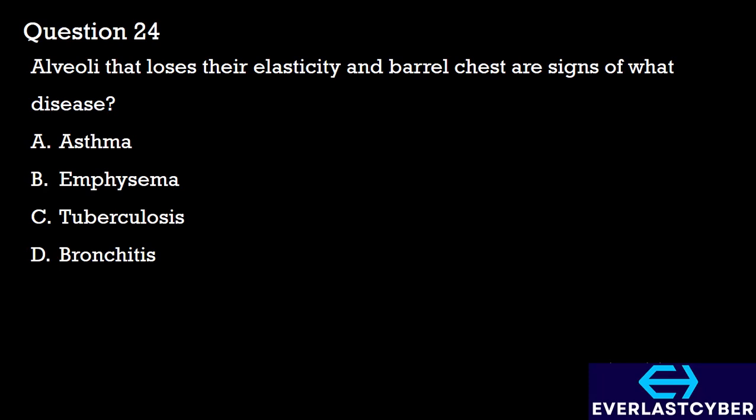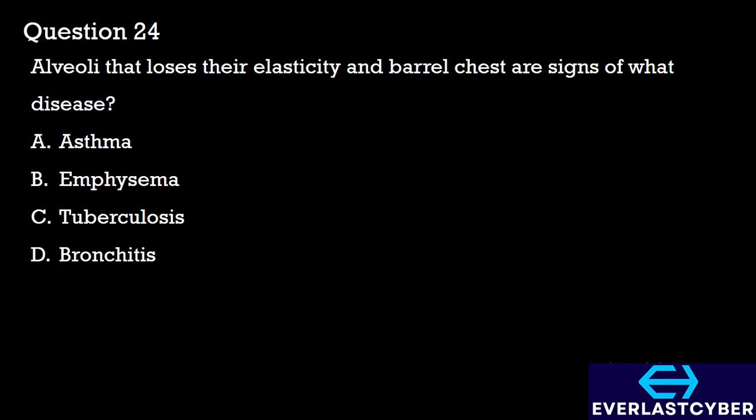Emphysema is a type of chronic obstructive pulmonary disease in which the alveoli in the lungs lose their elasticity. The loss of elasticity makes it difficult for the lungs to contract fully, leading to air trapping and an expanded chest appearance, often described as a barrel chest.